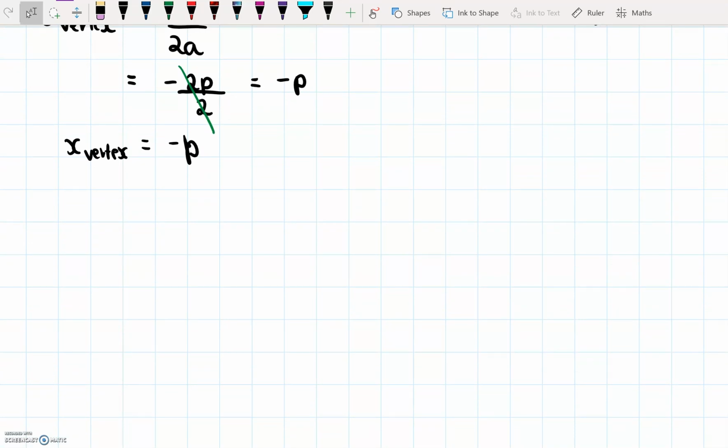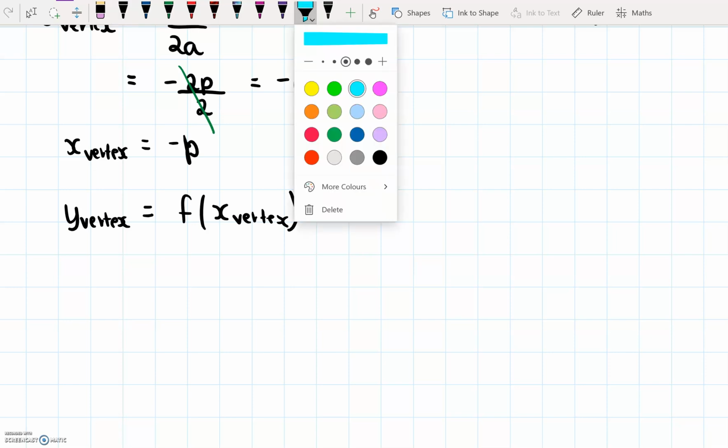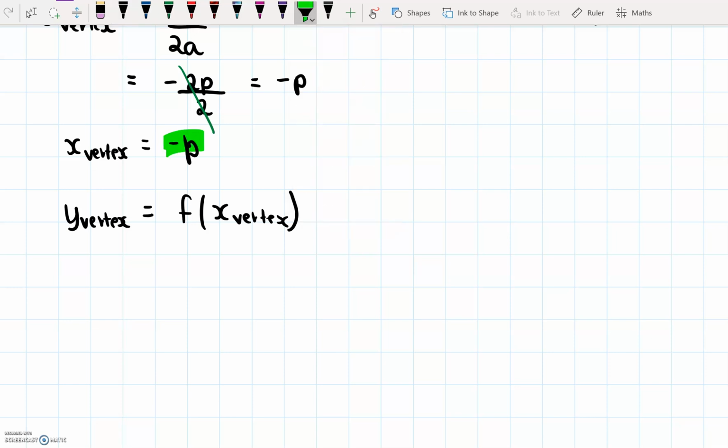Okay, now we want to then calculate the coordinate of the y vertex, or a formula to tell us what the y vertex could be. So the y vertex, as we said before, is just the function of the x vertex. Okay, so that means we take our function and we substitute that x vertex value. So we're going to substitute minus p in for the x vertex.